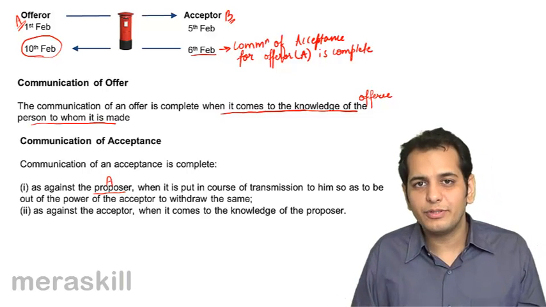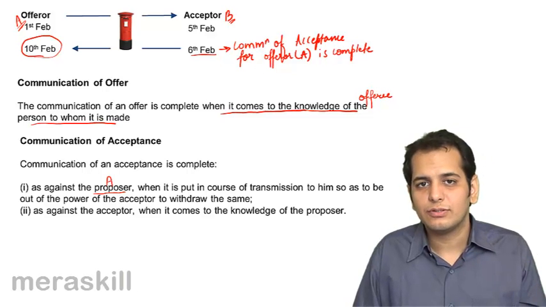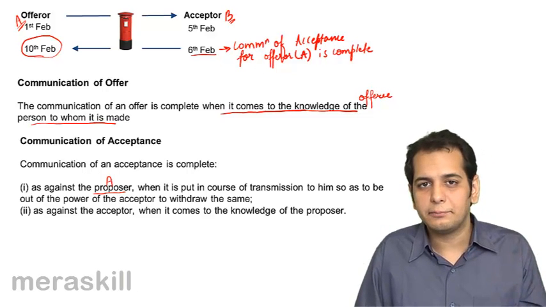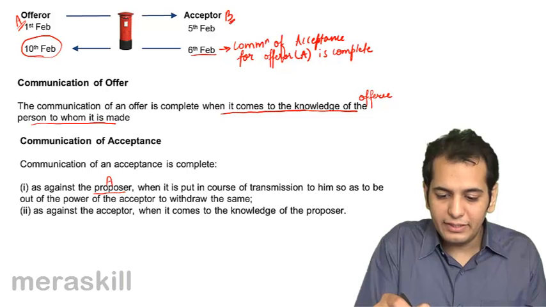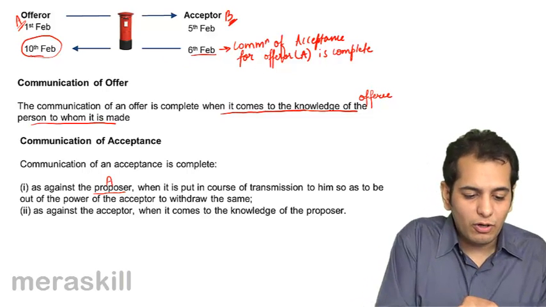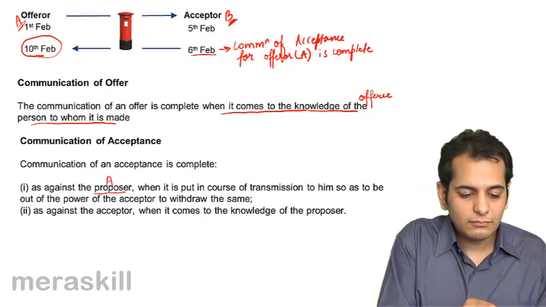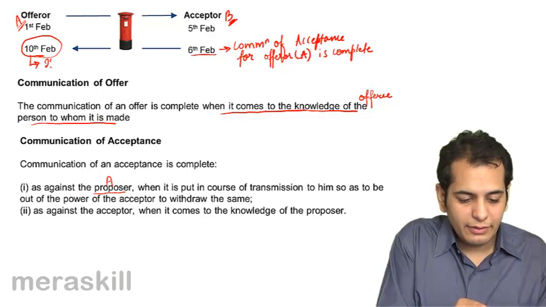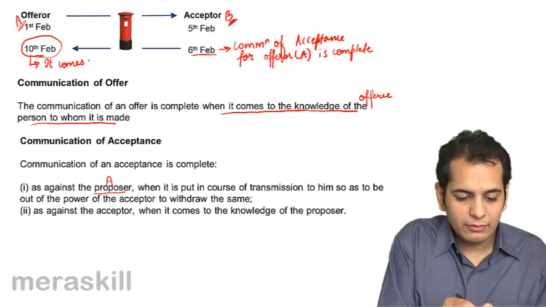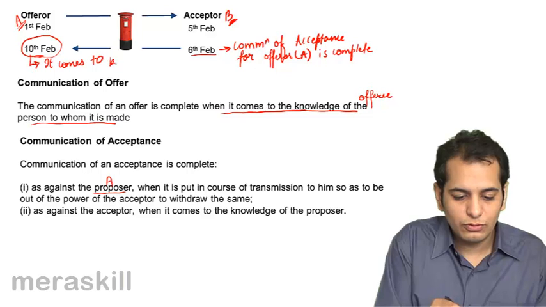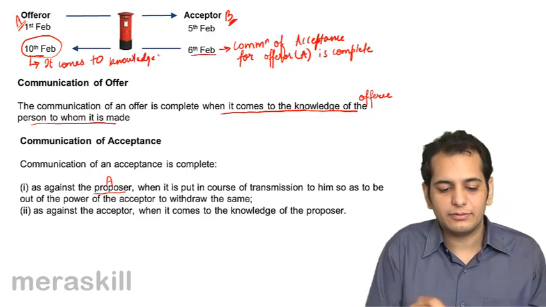And when is the communication of acceptance for the acceptor complete? For B, it is complete on 10th Feb, when it comes to the knowledge of the acceptor.